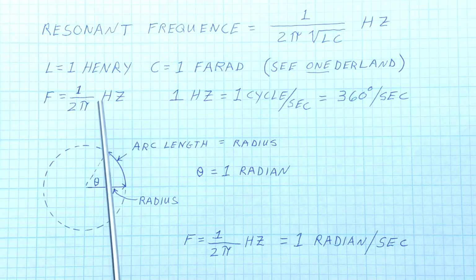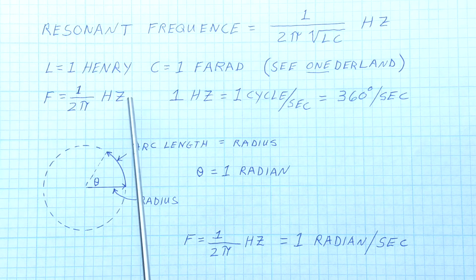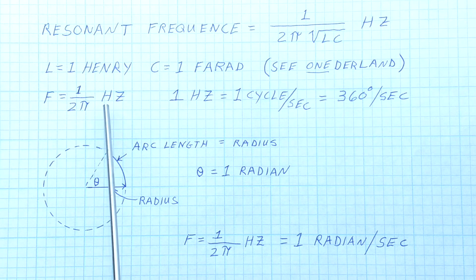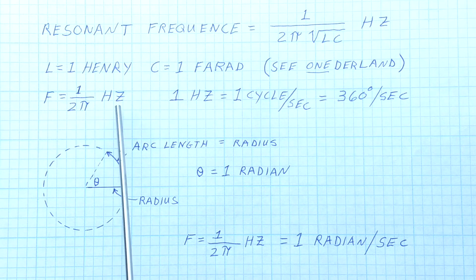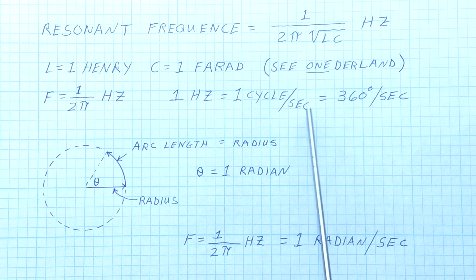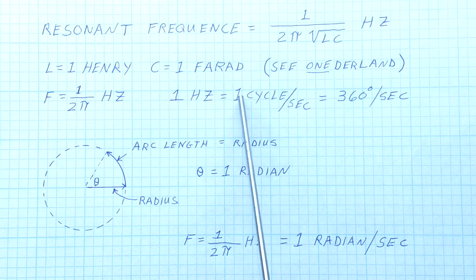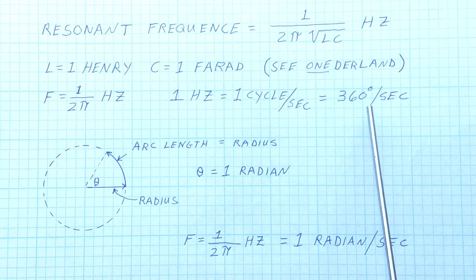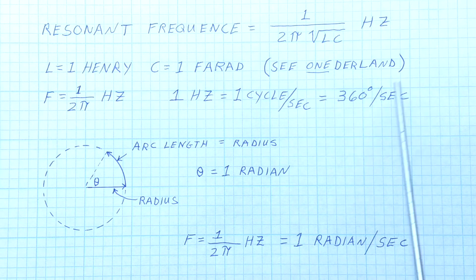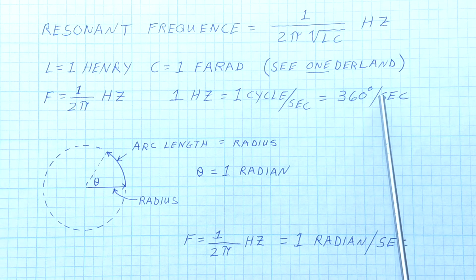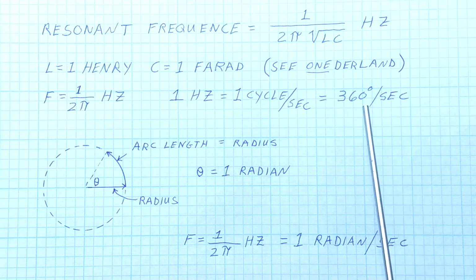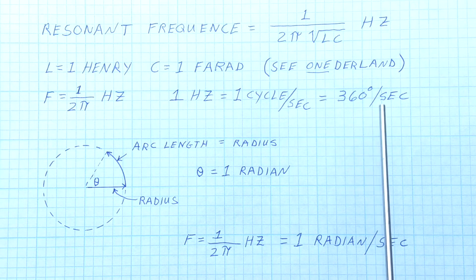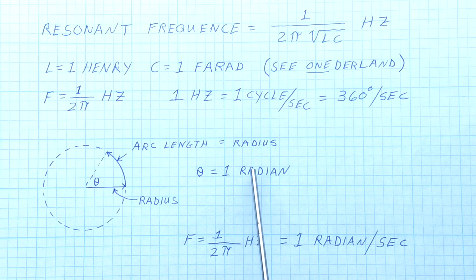Now, there's nothing magical about using hertz or a full cycle per second as a measure of frequency. We could say that one full cycle is 360 degrees and break frequency down into degrees per second. Now it turns out there's a real nice angle for measuring cyclical things, and that's the radian.